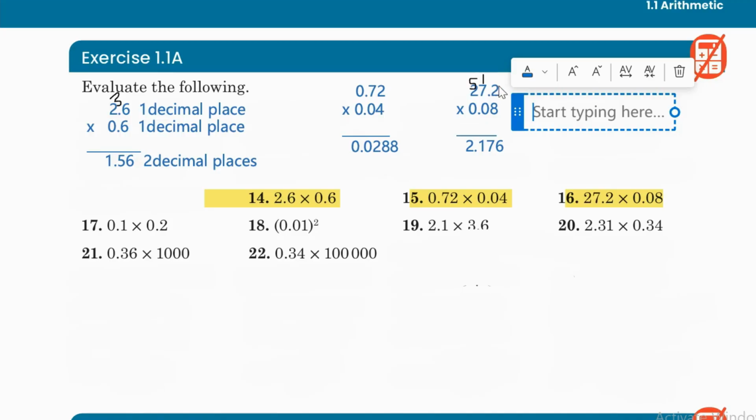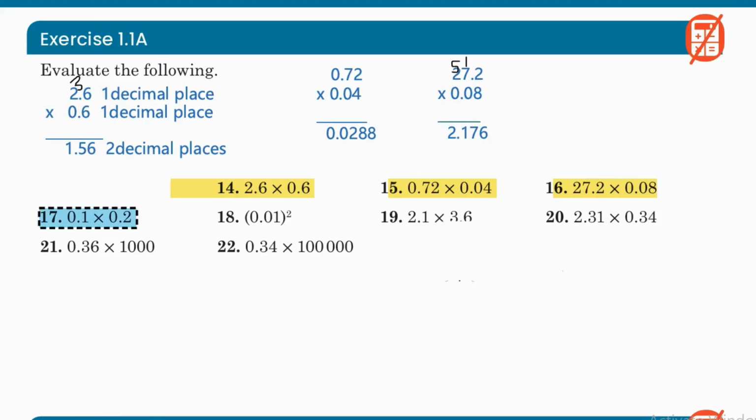It's one decimal place in the first number and two decimal places at the second number. So move the decimal 3 places from the right. Also, we did not multiply 0 by 27.2 because multiplying any number by 0 remains 0, and we have put decimal here. 2.176 is the answer.